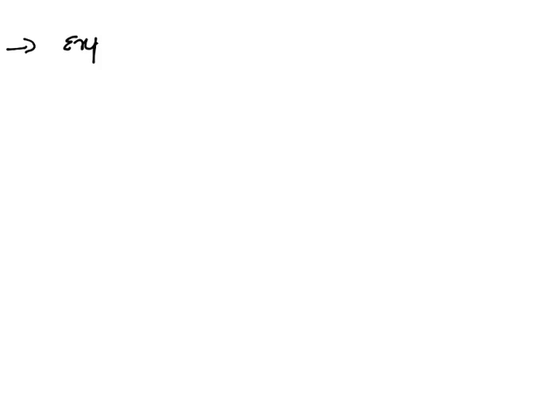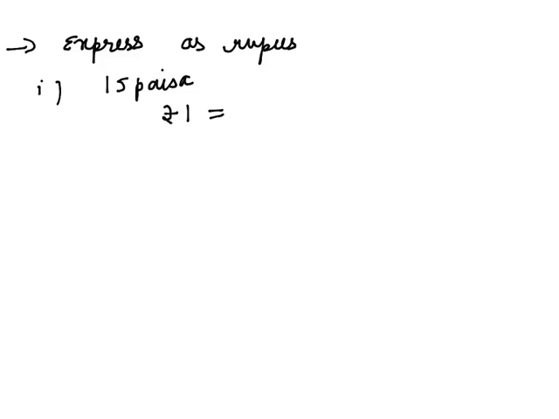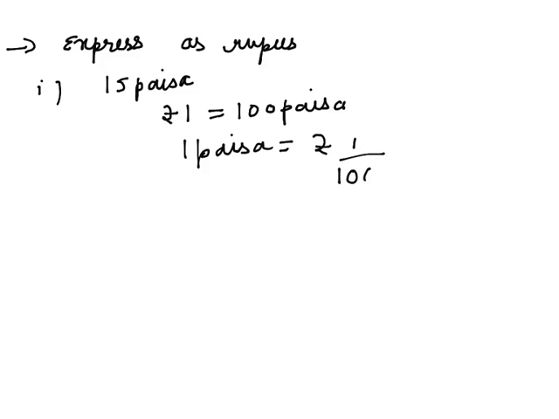First of all, we have to express as rupees using decimal. The first one we have is 15 paisa. We will use the same concept. As we know, 1 rupee is equal to 100 paisa, so 1 paisa will be equal to 1 by 100 rupees.